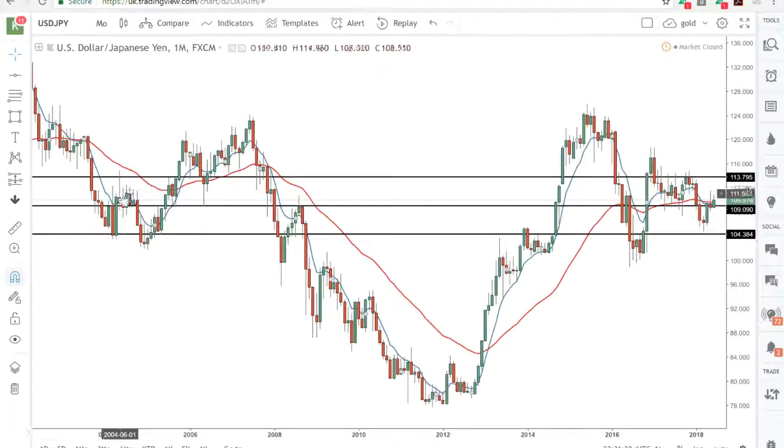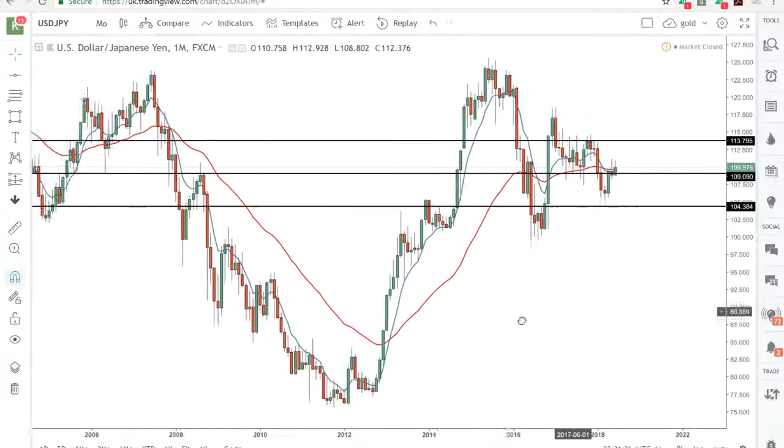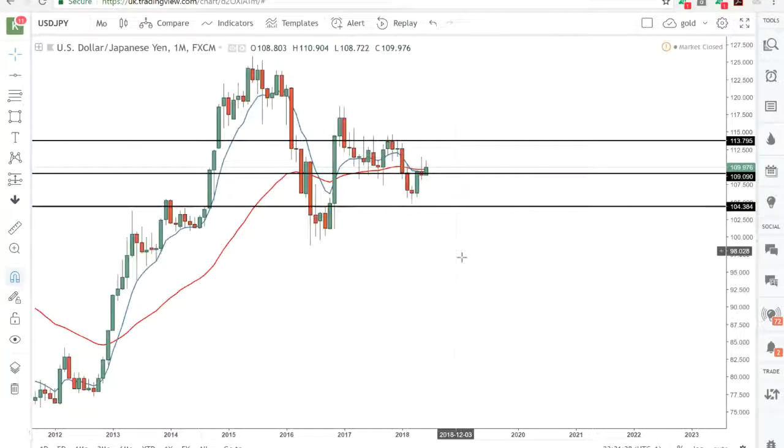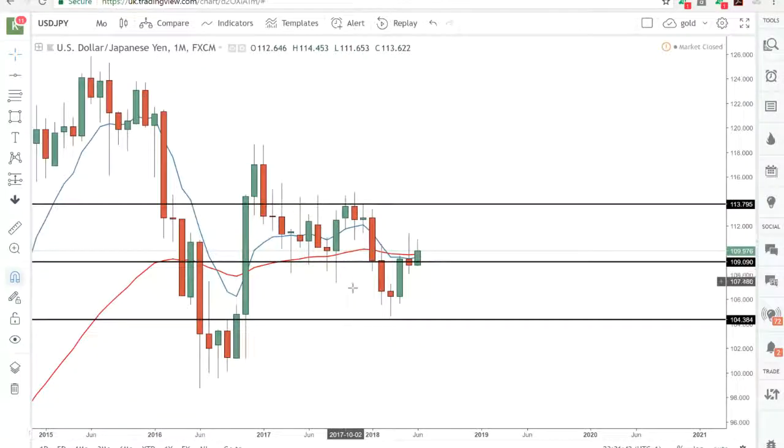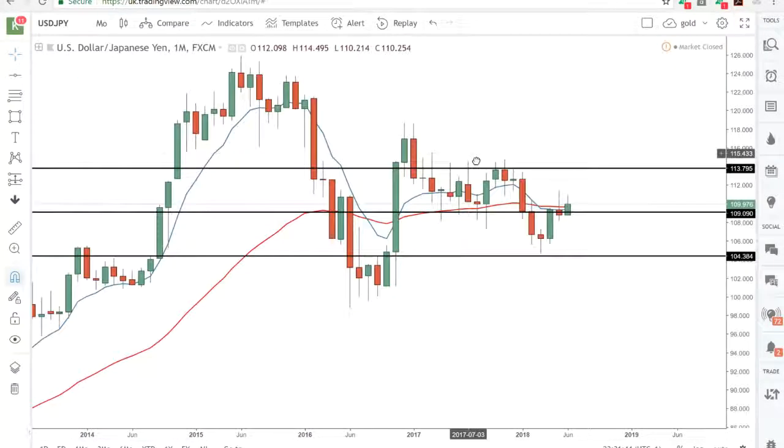As you can see, the spike here to this upper region, and again this lower region here, price has come down to test it and then just fired off upside. So I'm pretty happy with those levels, and we've got to remember that these aren't set levels, these aren't exact levels.